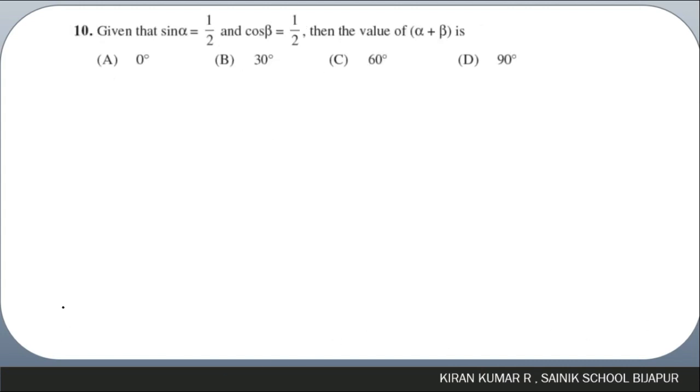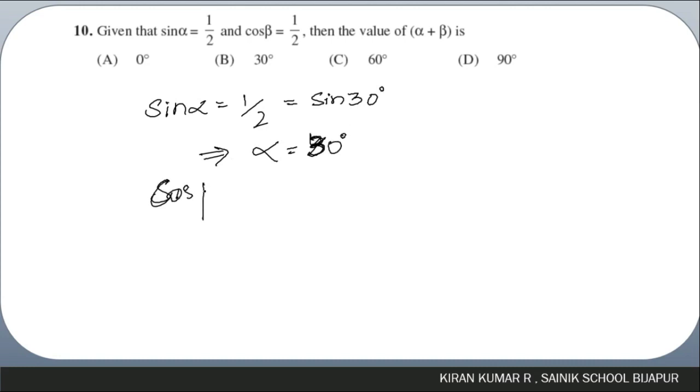Question number 10. Given that sin alpha is 1 by 2, cos beta is 1 by 2, find the value of alpha plus beta. Sin alpha is 1 by 2. I can equate it to sin 30 degree because sin 30 is also 1 by 2. With this, I can say alpha value is 30 degrees.